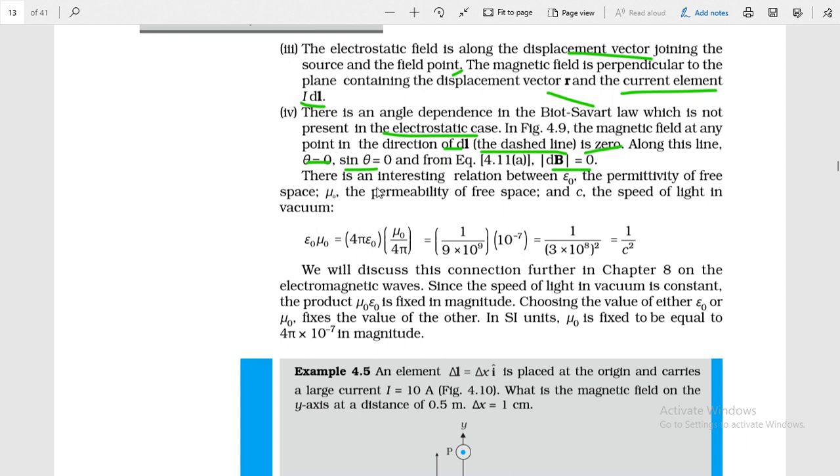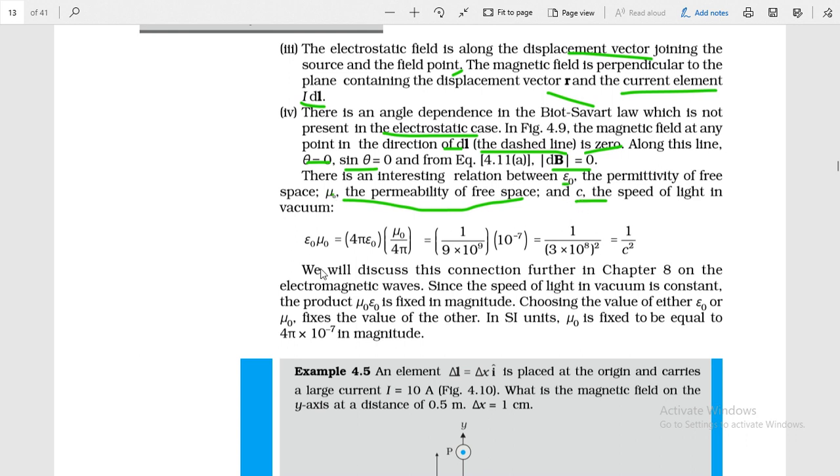Now there is an interesting relation between epsilon naught, known as the permittivity of free space, and mu naught, known as the permeability of free space. You can see the relation between epsilon naught, mu naught and the speed of light c.